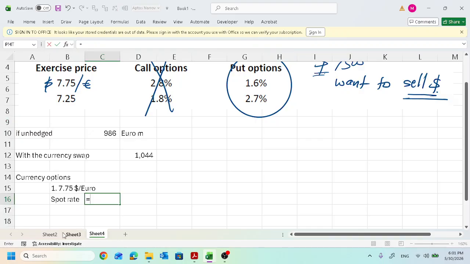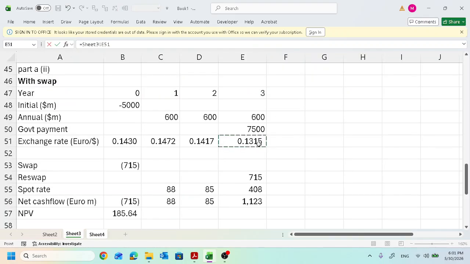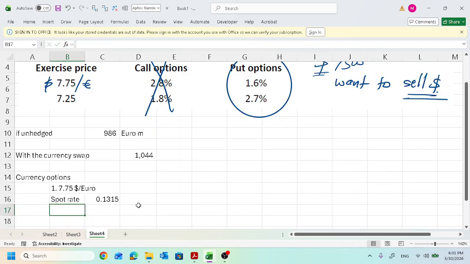It's here. After 3 years, what's the spot rate? This is the spot rate. But this is, remember, euro per dollar. But the option is given dollar per euro. So convert this. How? 1 divided by this. Get the inverse. 1 upon this. 7.60 dollar per euro.